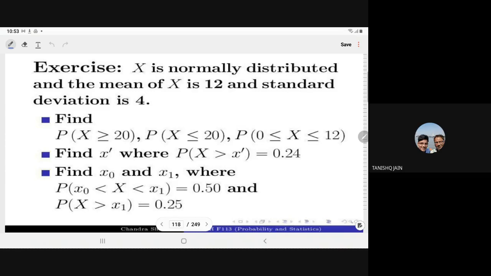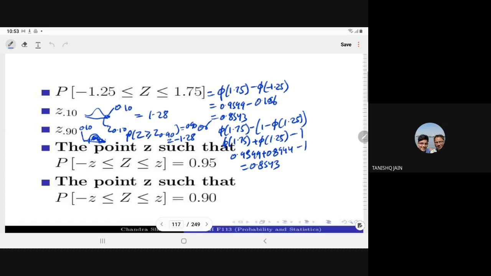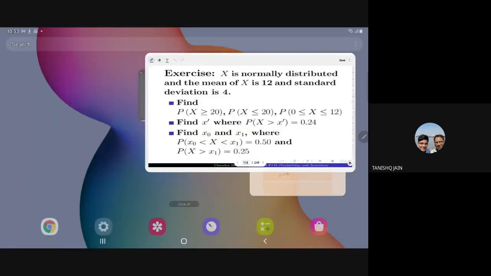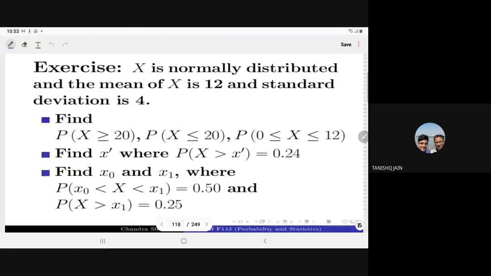Now x is normally distributed, and the mean of x is 12 and standard deviation is 4. If we have the general one, not the standard one, how can we compute? You know that probability x greater than or equal to 20, it is given here, mean is 12, standard deviation is 4.